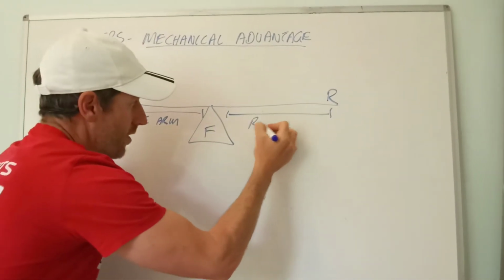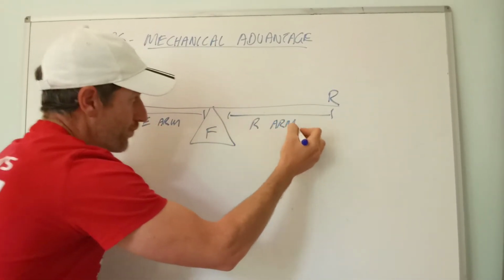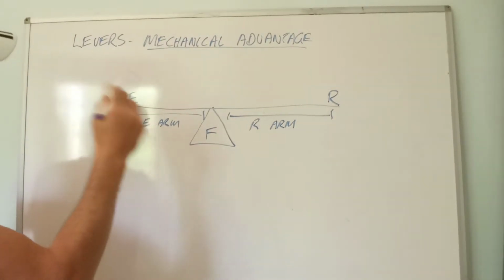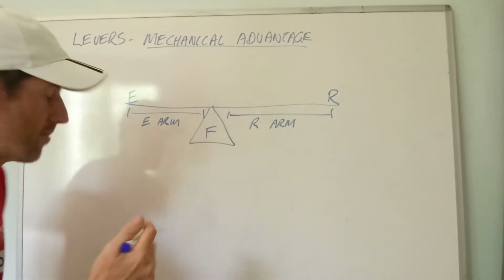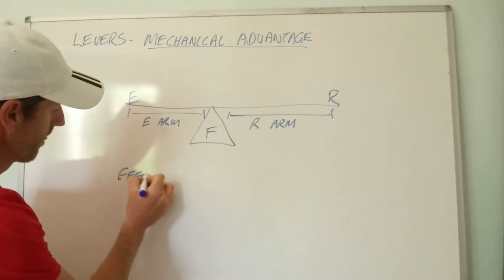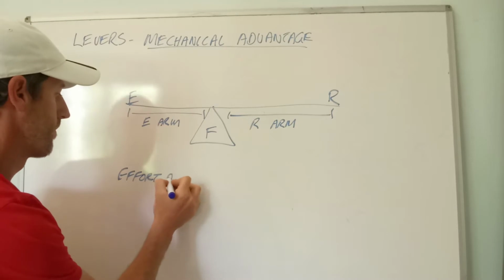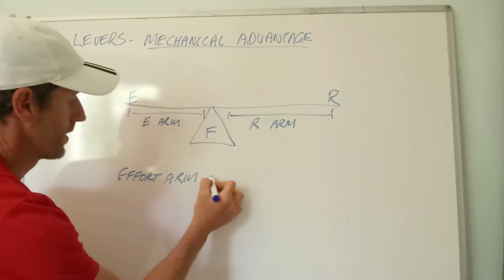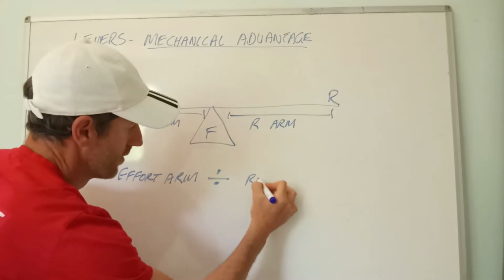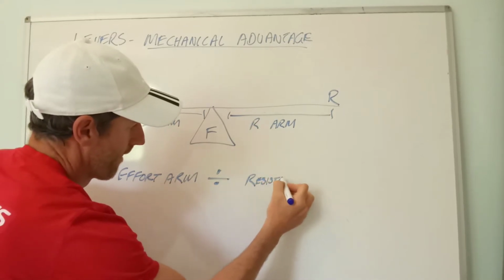This is the R arm, resistance arm. Now you always have to calculate the mechanical advantage to give a number. It's always the effort arm divided by the resistance arm.